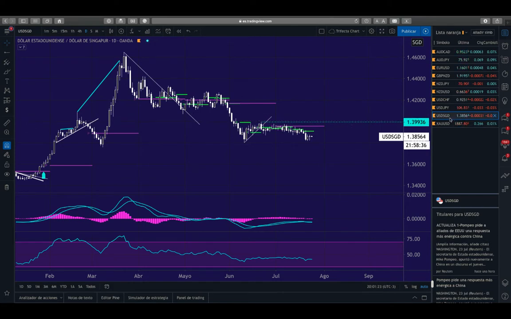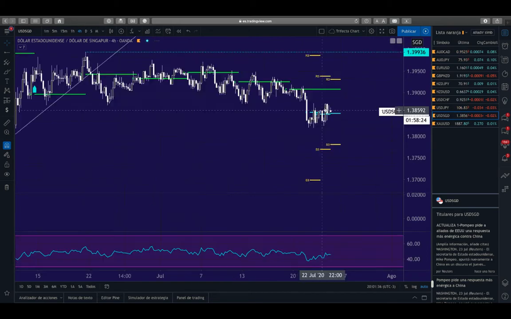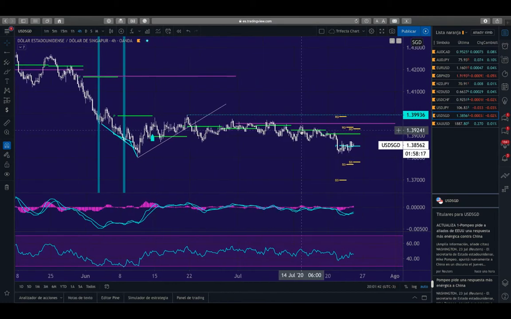Here we have the US dollar against the Singapore dollar, and here we have a nice double bottom setup with MACD divergence and RSI divergence as well. And here we have the 4-hour chart, with a little bit of zoom in.